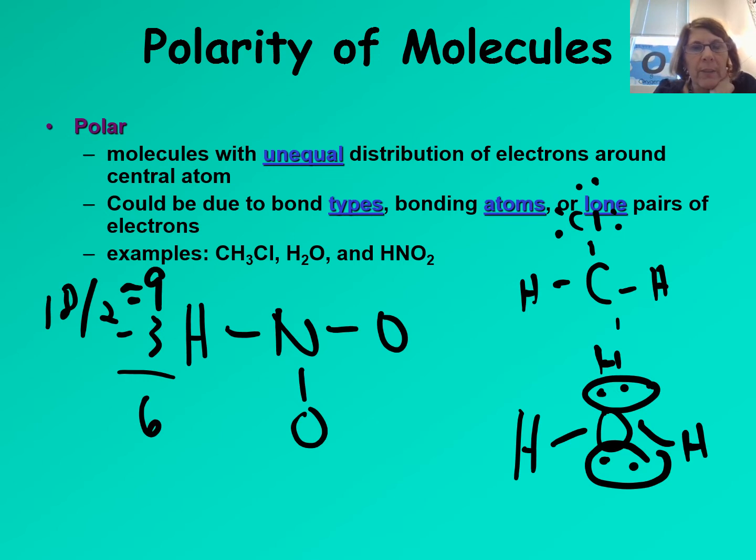We've used up 3 pairs, and we have 6 left. Then we've used up everything. If I take one of these pairs and put it over here, because hydrogen and oxygen are different, that's going to make it polar.